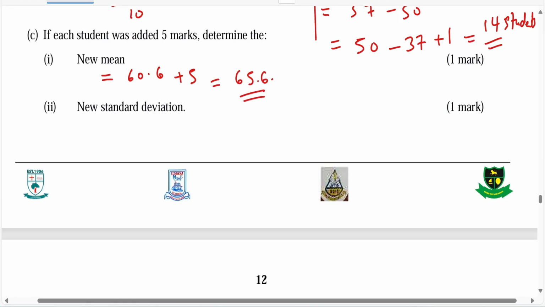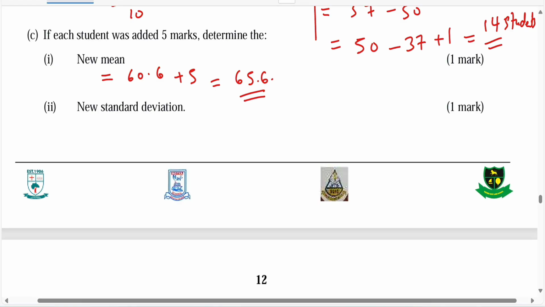The reason I haven't gone through each individual number is because each individual was added 5 marks. So whatever your mean will be, it is the same for each individual. In short, your old mean, you add 5, it gives you the correct new mean if every student got 5 marks.